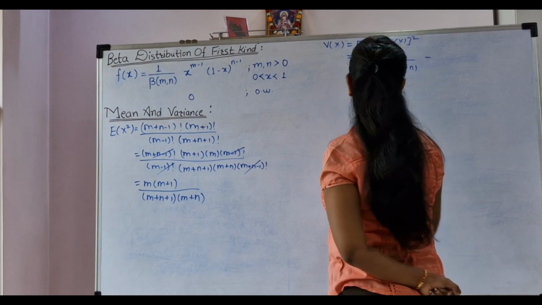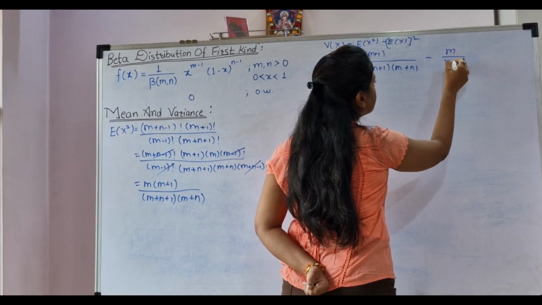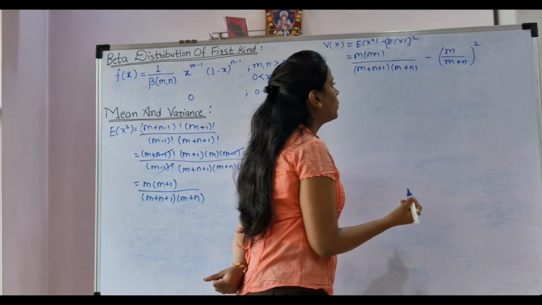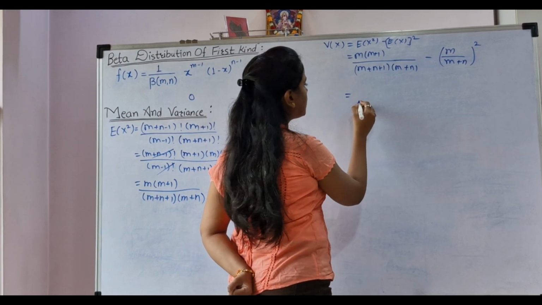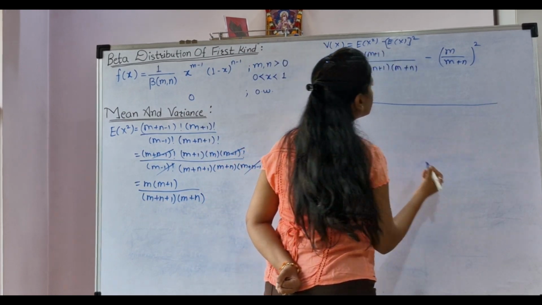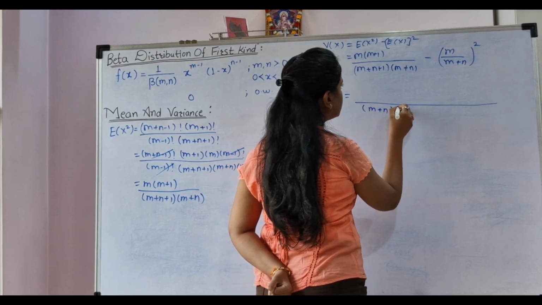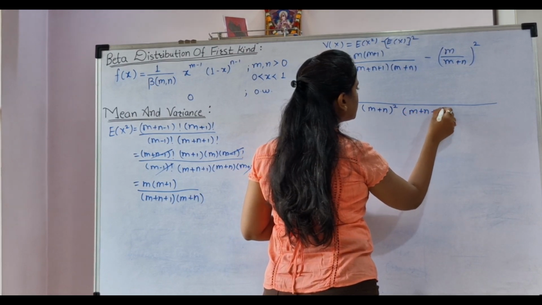Minus expectation of x we got, it is m upon m plus n, but here we have to take its square. Okay. So now how to solve it? We will first take in the denominator the LCM. So we will get m plus n square into m plus n plus 1.